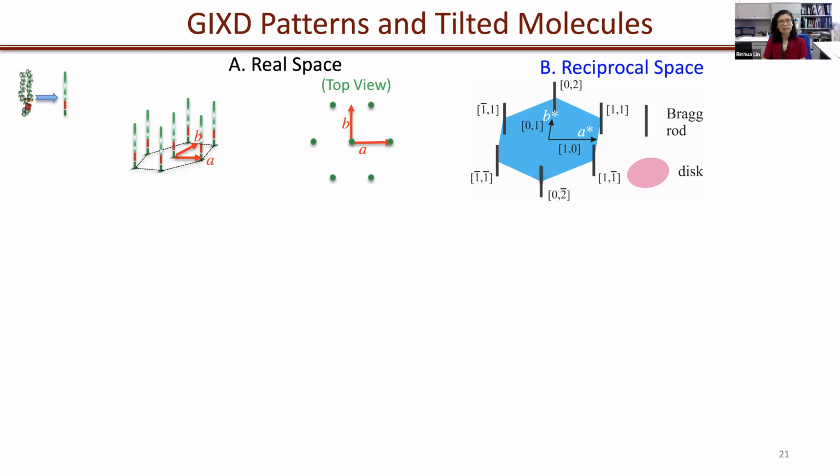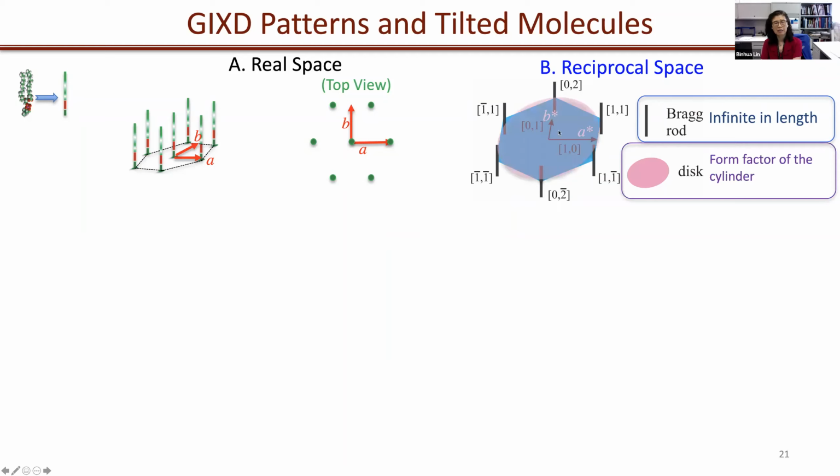So we can plot the 2D structure factor, which is the blue plane, and these Bragg rods that are along the QZ direction, at all the first order peaks, for this standing straight illustration. These black lines are Bragg rods, infinitely tall, and this pink disk here represents the form factor of a cylinder.